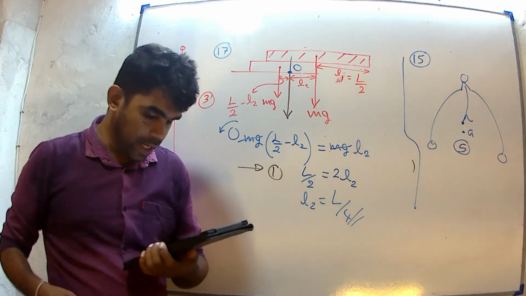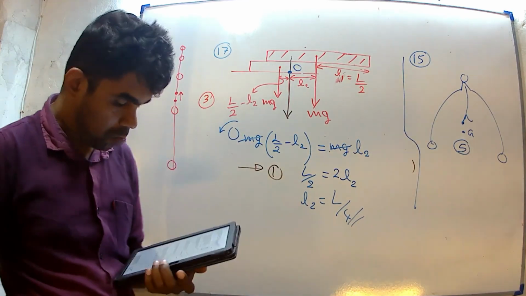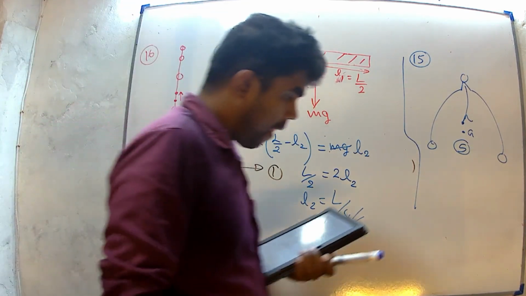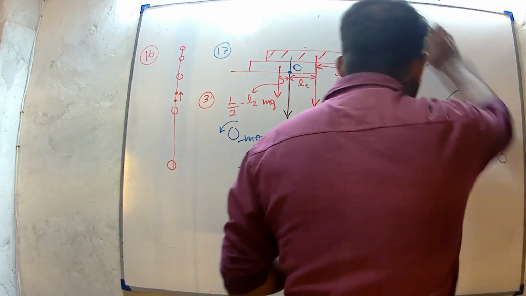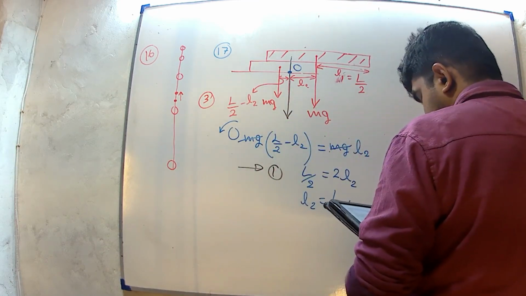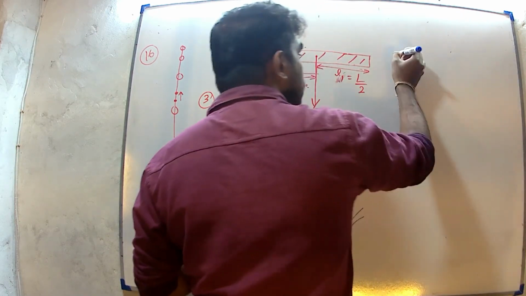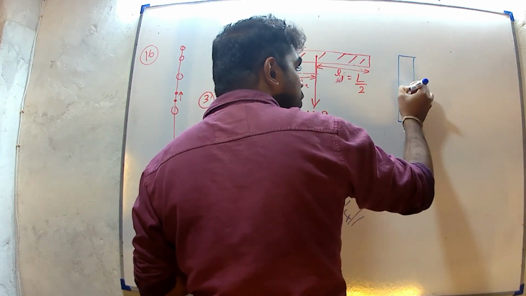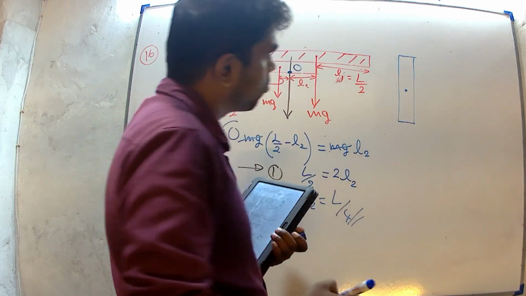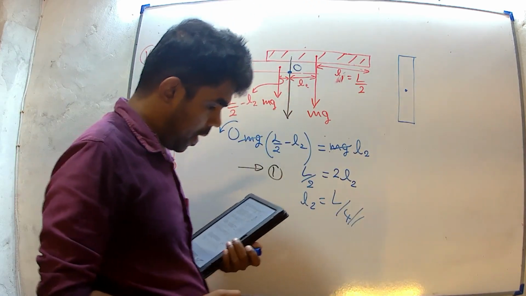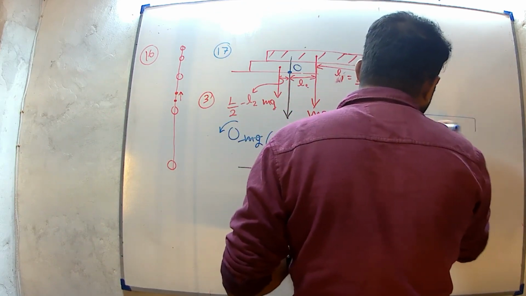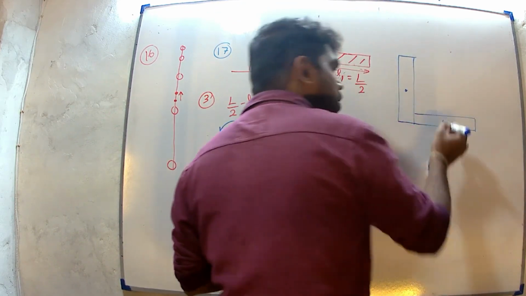18. We can consider two parts of the given object. When considering the vertical part, the center of gravity should be the midpoint of the part. And when considering this part, the center of gravity should be the midpoint of this part.